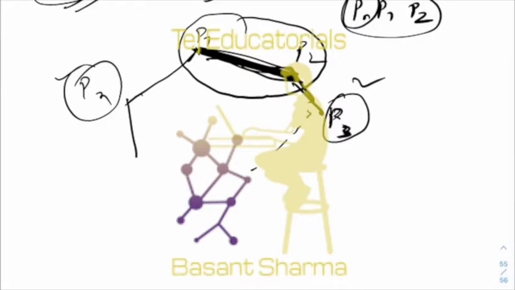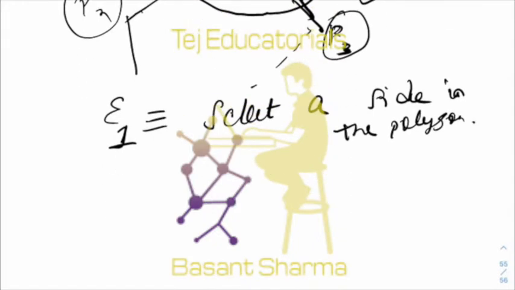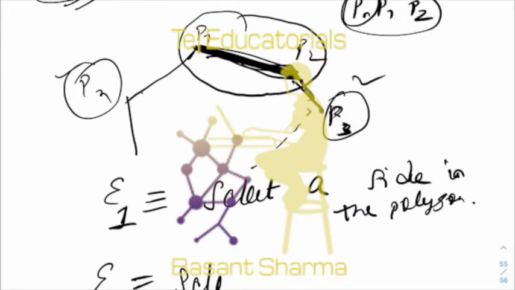All right. So if we try to use the fundamental principle of counting, event E1 is to select a side in the polygon. First of all, make a choice of the side that you want your triangle to share with the polygon. That's the common side. Your event E2 is, once you have selected a side, two vertices are selected.